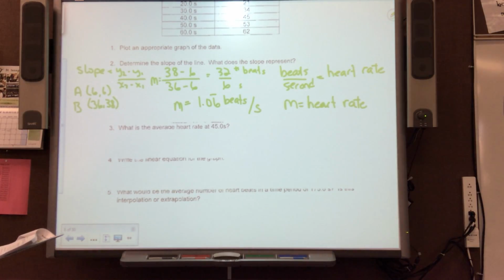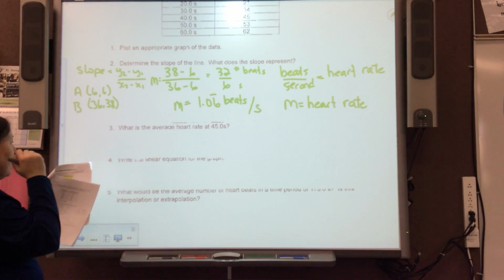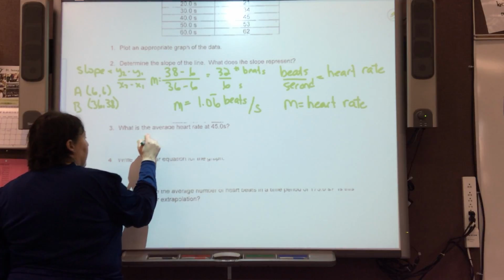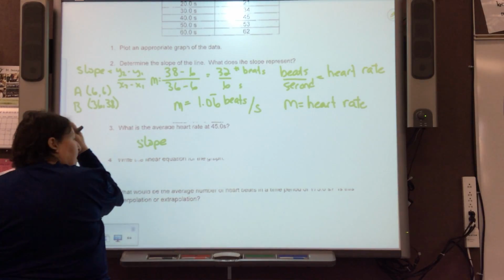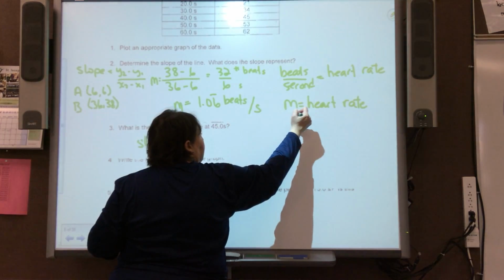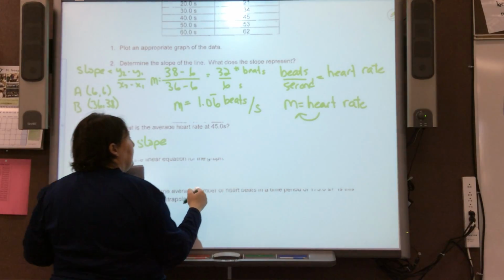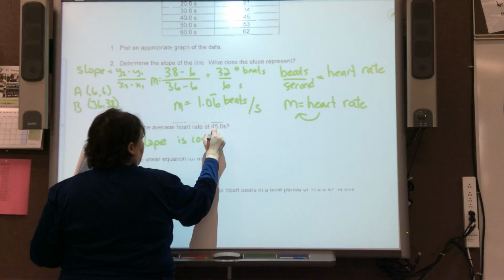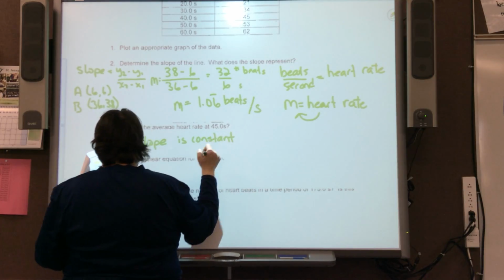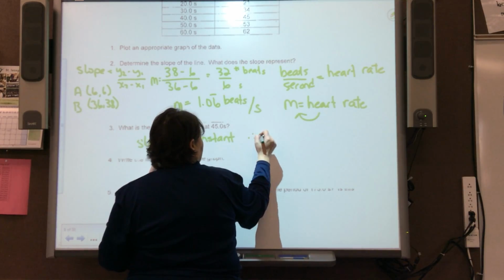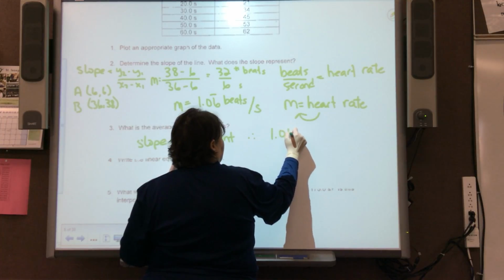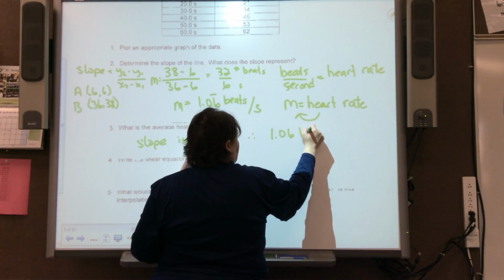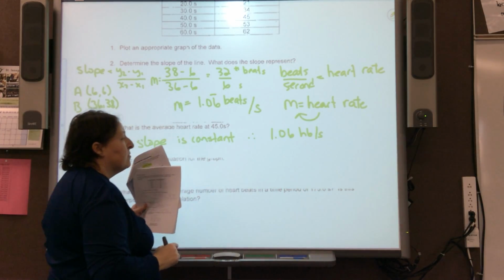What is the average heart rate at 45 seconds? Well, we can use our slope. Okay? Because we say right here that our heart rate is our slope. And our slope is constant. It's a linear line. So therefore, it's 1.06 heartbeats per second.